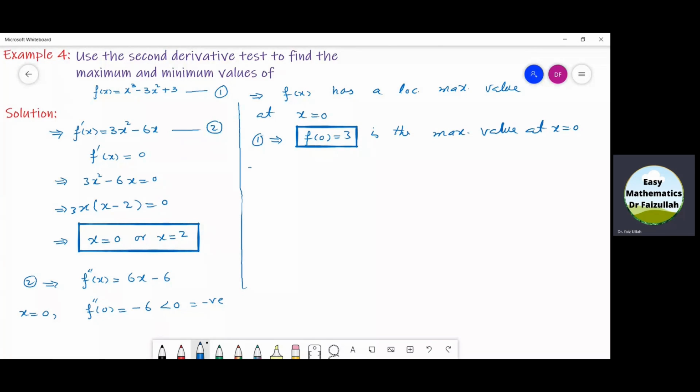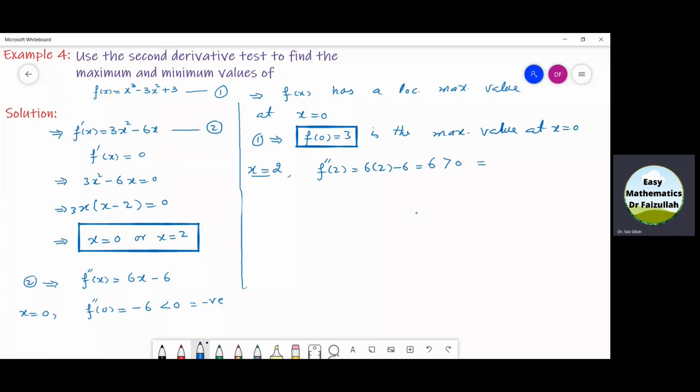And now let us check the second point, x is equal to 2. So again we put x is equal to 2 in f double dash of x. So we have 6 into 2 minus 6, which is 12 minus 6 is 6. And we can see this is greater than 0.